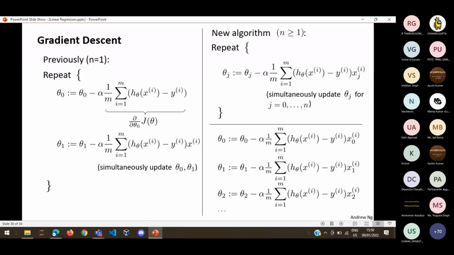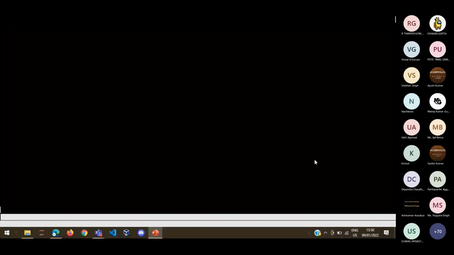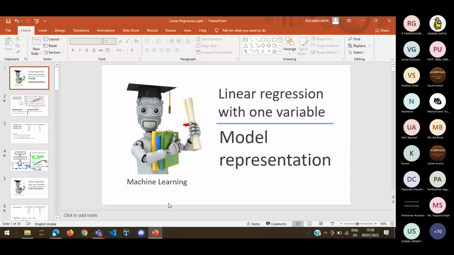Is this multiple regression clear to you guys? It is the same as the previous one. Yes, Bhaiya. Okay, thank you. Any doubt right now?